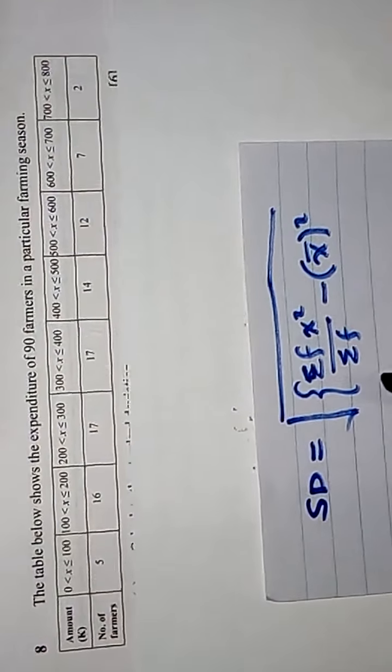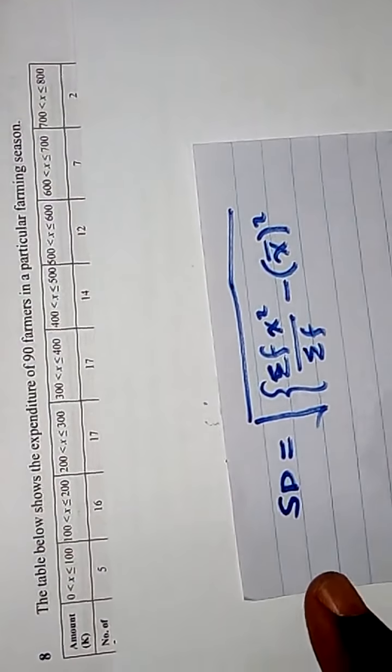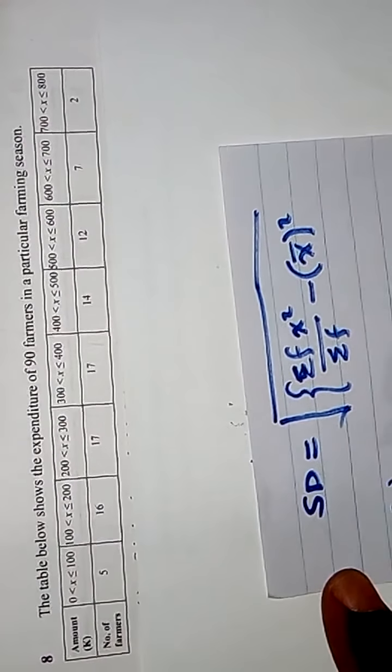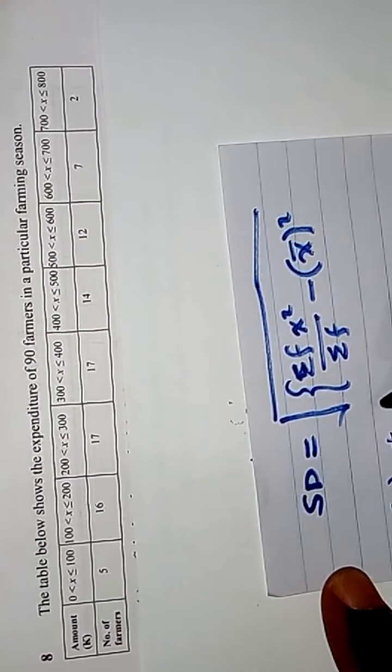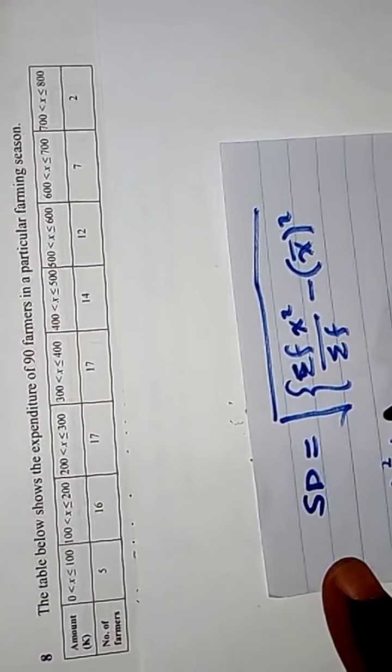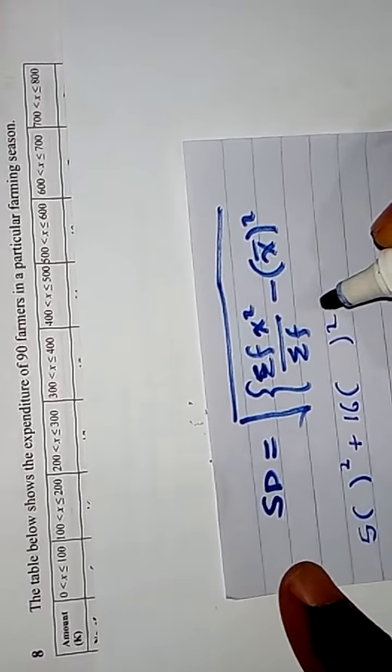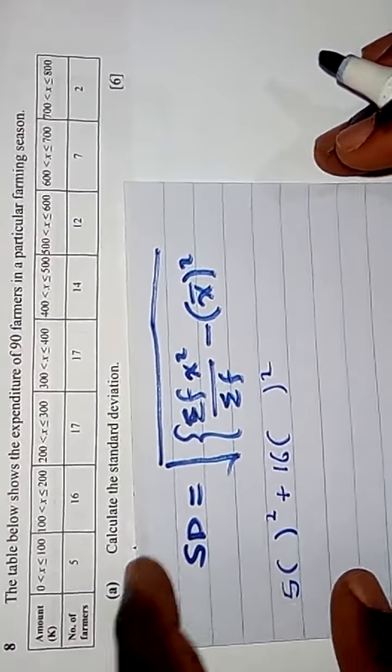So this is how it will look. It will be the same thing we're doing: 5, open, plus, this time around we're putting power 2, 16, open, power 2. Let me fold so that we create some space.